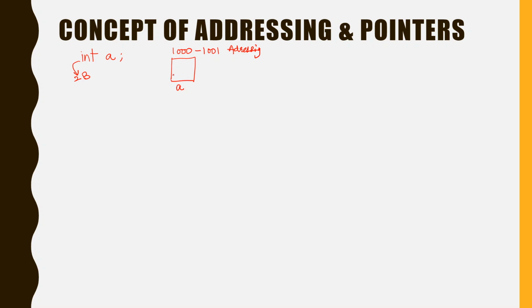In the memory, when we assign a value to the variable a, suppose a equals 5, then this 5 is stored in this variable. Since there are 2 bytes of space available, 5 of the 10 base would be converted into the corresponding binary in 16 bits.